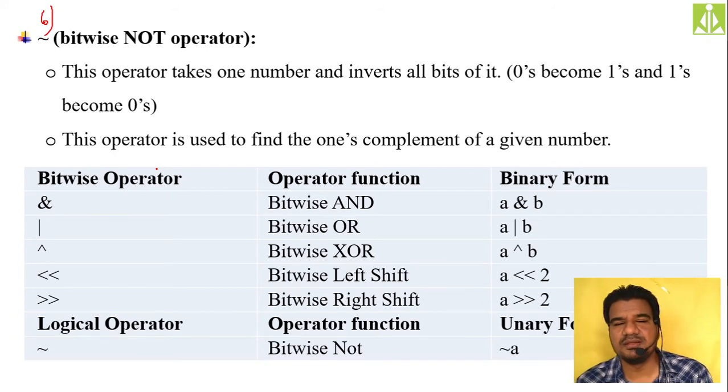Why I'm skipping these 3 is because we have discussed the conversion of decimal numbers to binary numbers and binary numbers to decimal numbers only for positive values. But when it comes to negative values, the concept is similar, but there is a slight difference.